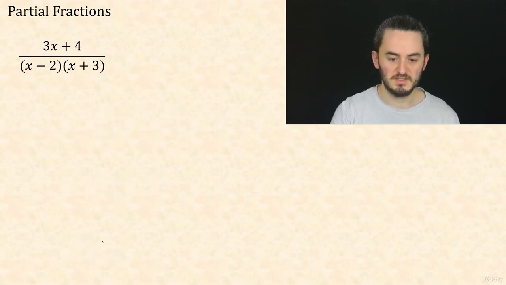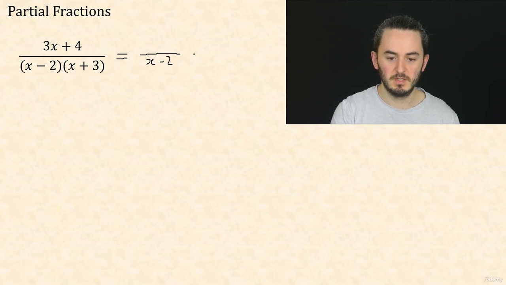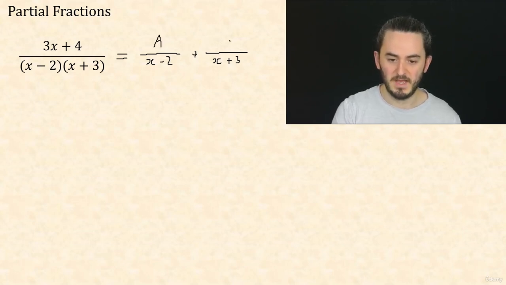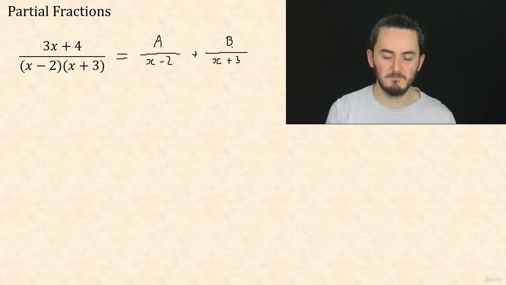So it suggests that if we're going to split this up into two partial fractions, as they're called, it's going to be something over x minus 2, and something over x plus 3. Our challenge is to work out what goes here and here. So let's give these a name, A and B. My challenge is to work out what A is and what B is.